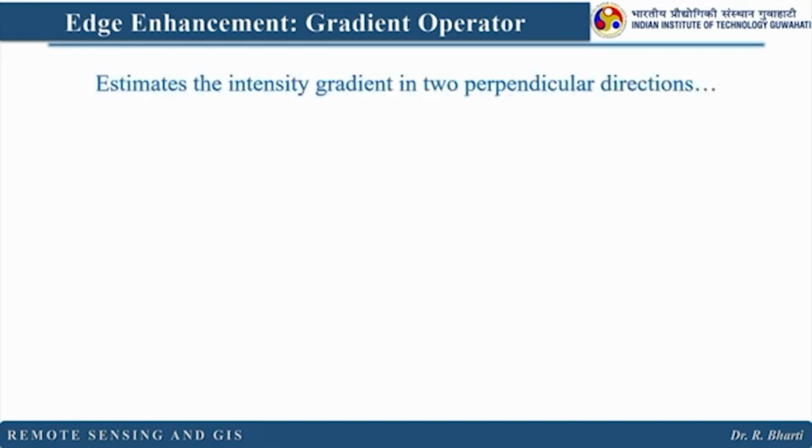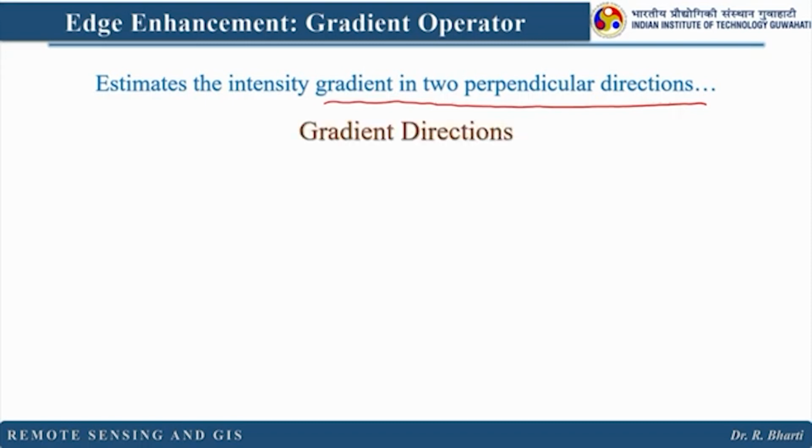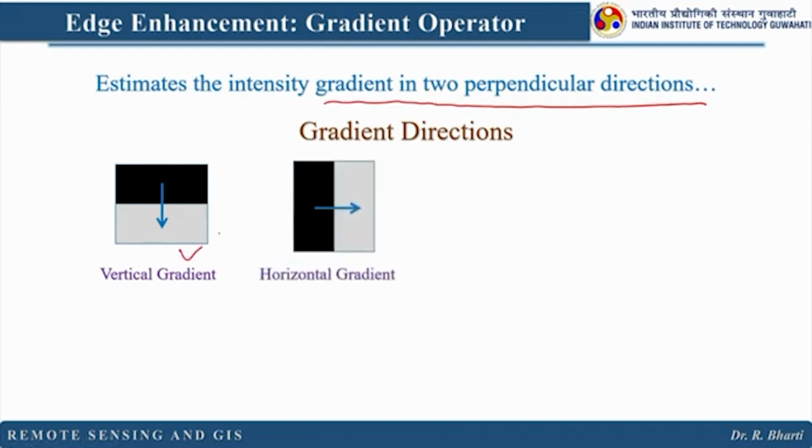It estimates the intensity gradient in two perpendicular directions. I will show you some photographs and then it will be very clear how we are going to do this on the real image, right. So what are the different types of gradient direction? One could be the vertical gradient, where the intensity is changing in the vertical direction, right. So you can easily see this one.